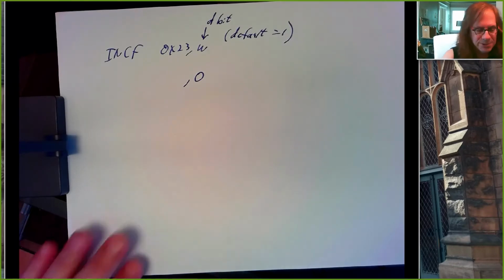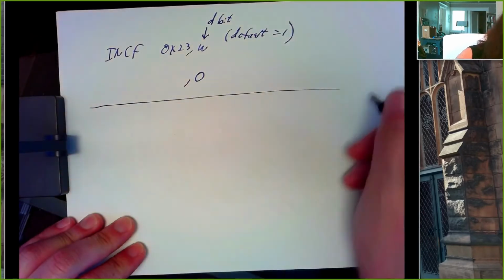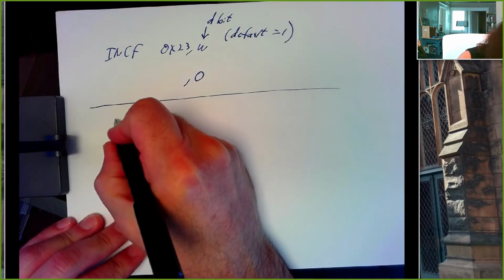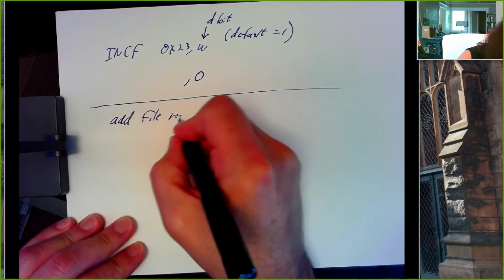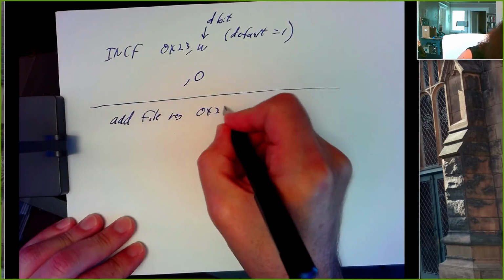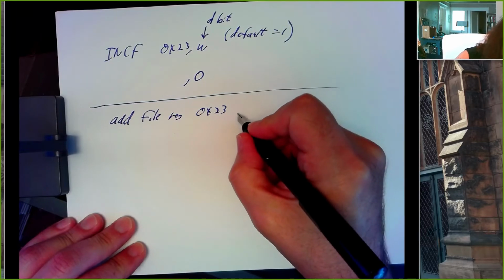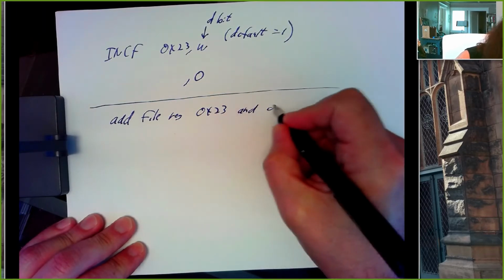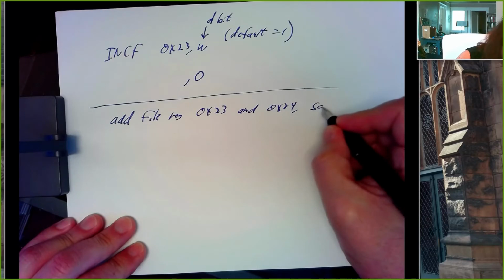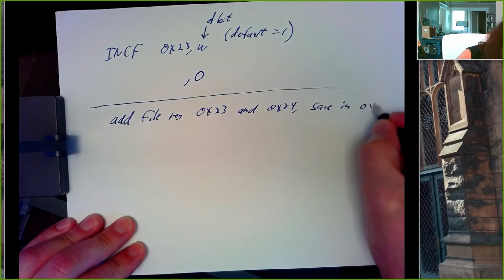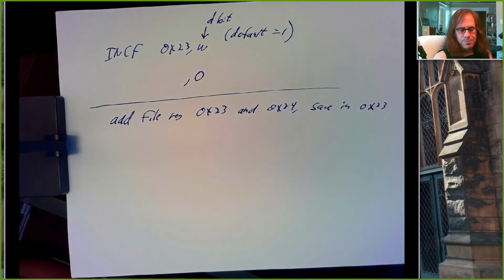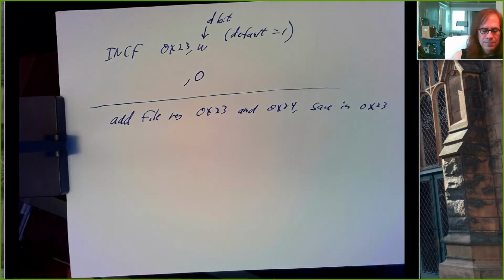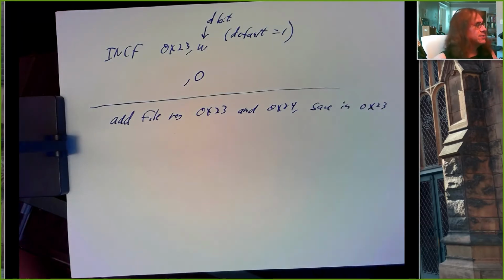All right, so let's look at some examples. Let's add file registers 23 and 24 and save the result back in file register 23. And there's an add instruction, by the way.